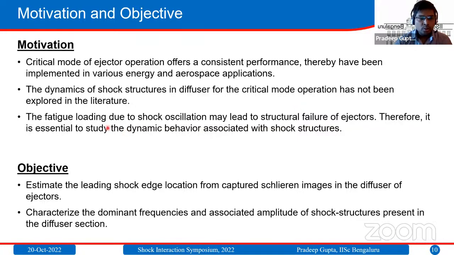Due to the shock oscillation, fatigue load develops, and that may lead to structural failure of the ejector. So it is essential to study the dynamic behavior of the shock structure. The objective of this work is to estimate the leading shock location from the captured Schlieren images, and to characterize the dominant frequency and associated amplitude of these shock structures.